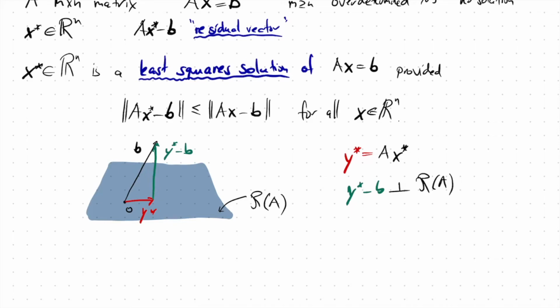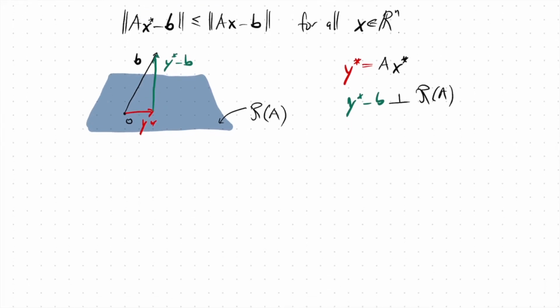Using this intuition, we now know what to do. We have to find first y star such that y star minus b is orthogonal to the range, and then, once we have y star, because y star is A times x star, we can solve. So let's write A as follows. A is an m by n matrix, so we write A as A1, A2, A3, until An, where here we mean the columns.